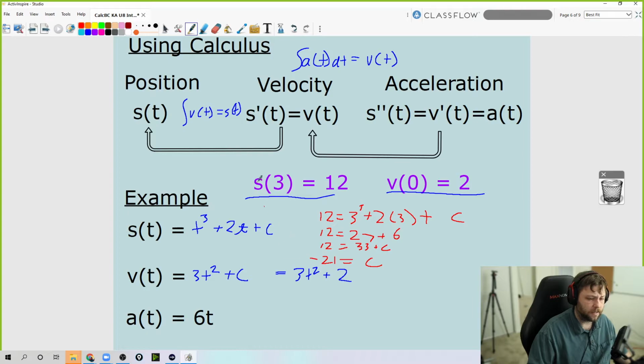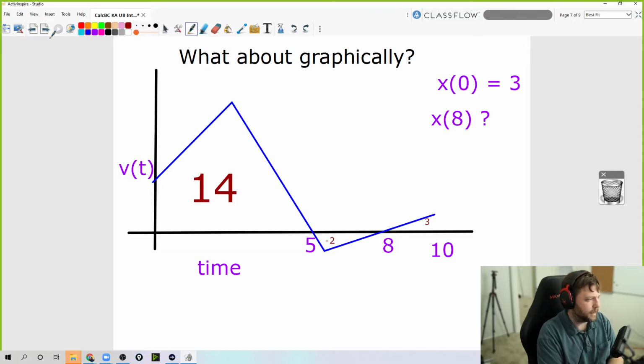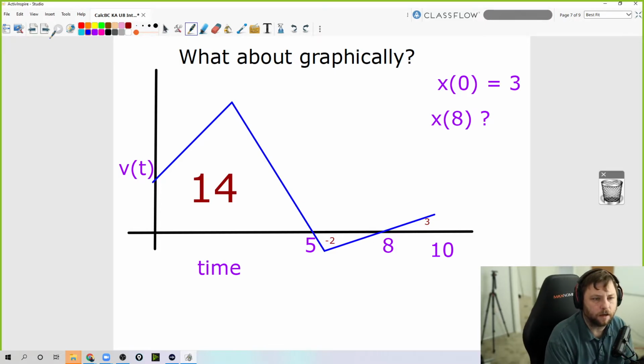I think that works out. So my actual function for position would be t cubed plus 2t minus 21. So algebraically, you have to account for the plus c's. That's sometimes the trick there. You're doing that algebraically. Now, graphically, I think is what this week's really going to focus on.